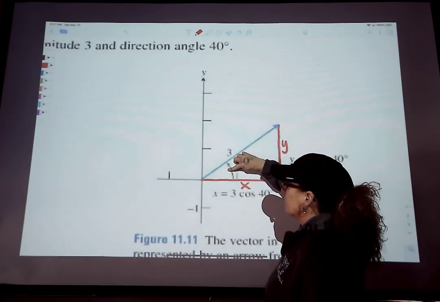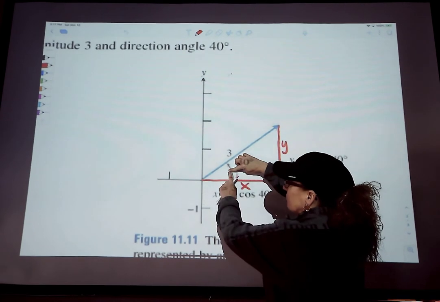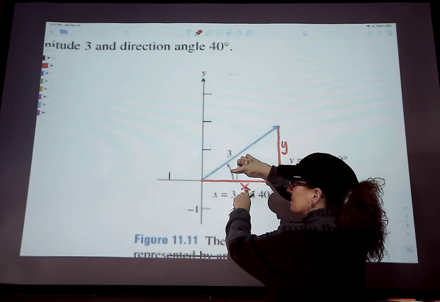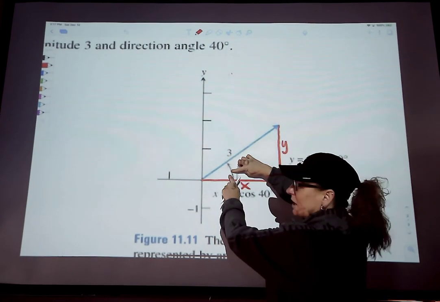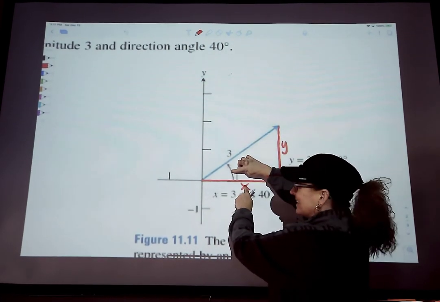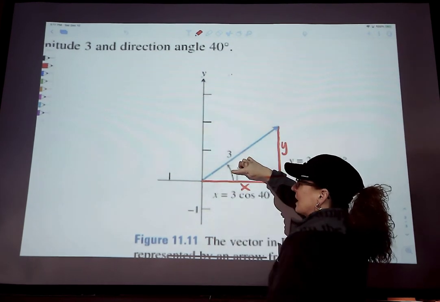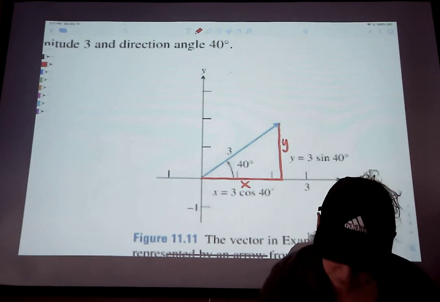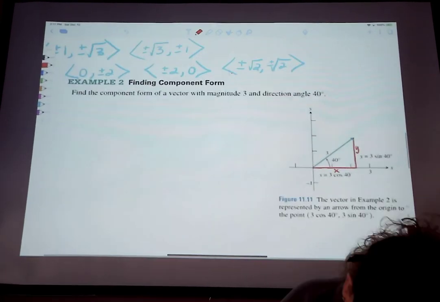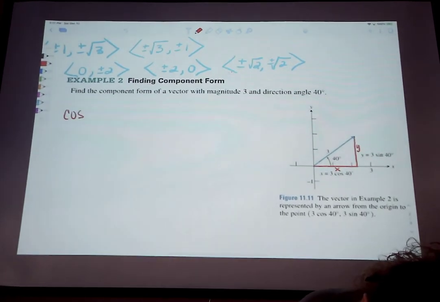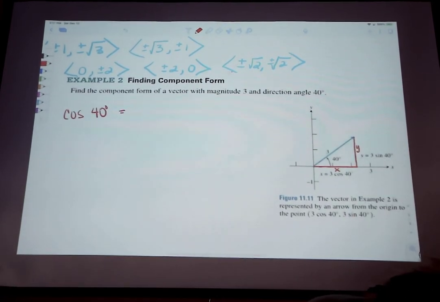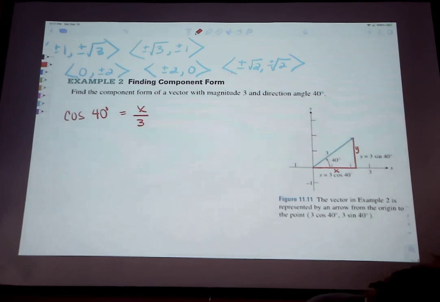Look at this angle. To find x, this is just opposite. Just kidding, it's not. This is adjacent over hypotenuse. So I can say cosine of 40 equals adjacent over hypotenuse. Cosine of 40, yep, gonna need my calculator for that one.